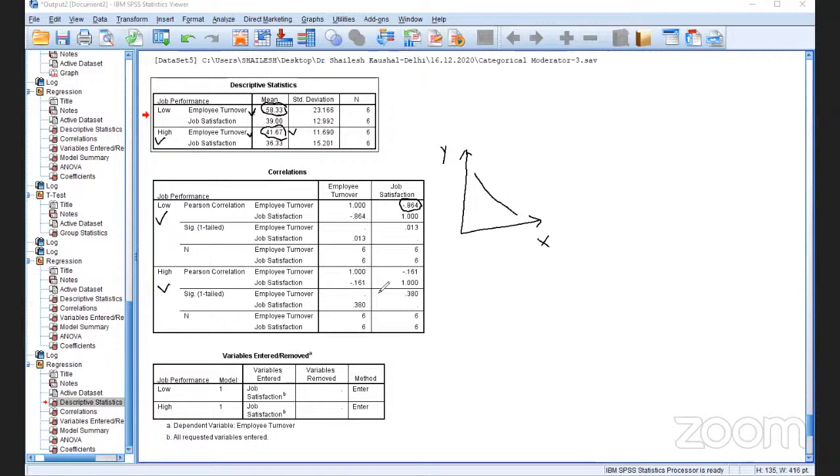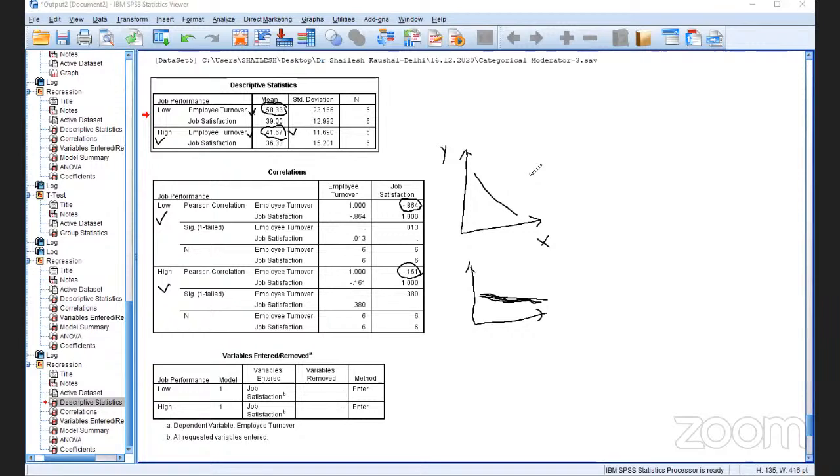For high performer, the value is very small, so the line is less sharp.